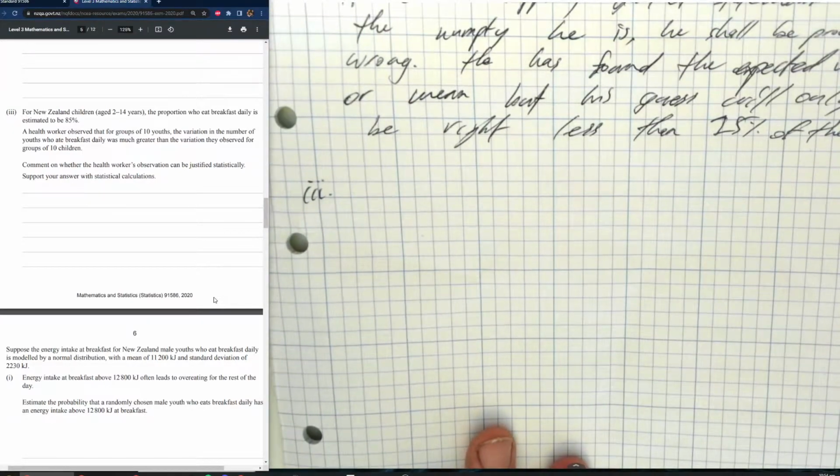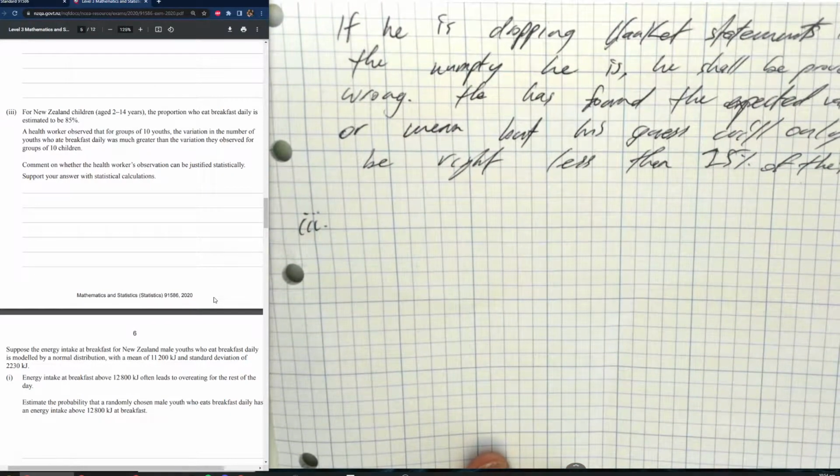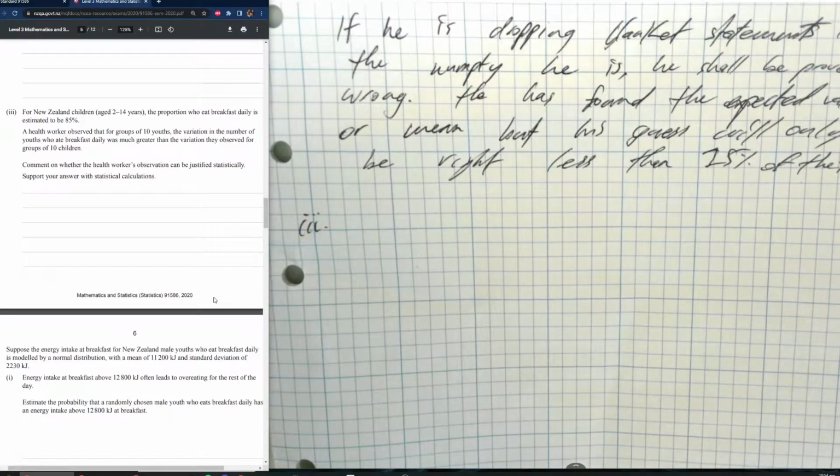For New Zealand children aged 2 to 14 years, the proportion who eat breakfast daily is estimated to be over 85%, or to be 85%. A health worker observed that for groups of 10 youths, the variation in the number of youths who ate breakfast daily was much greater than the variation they observed for groups of 10 children.